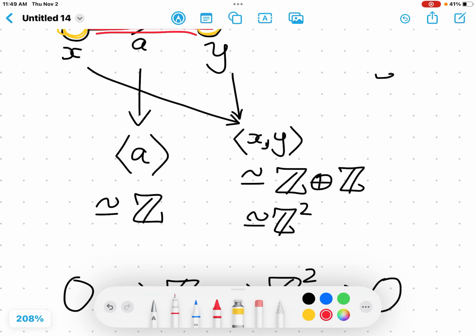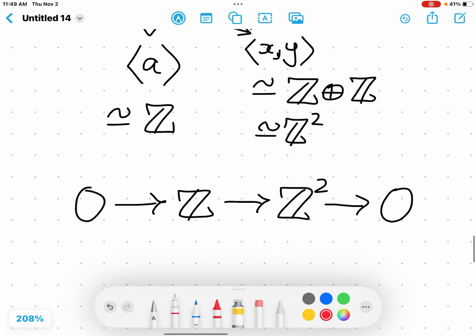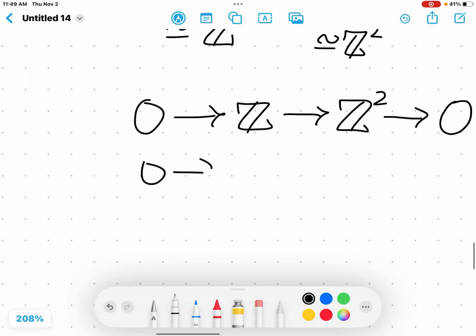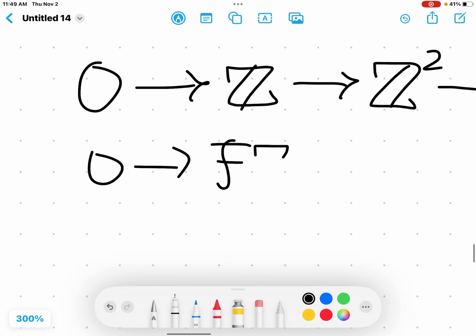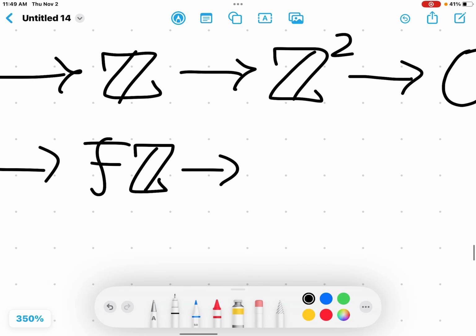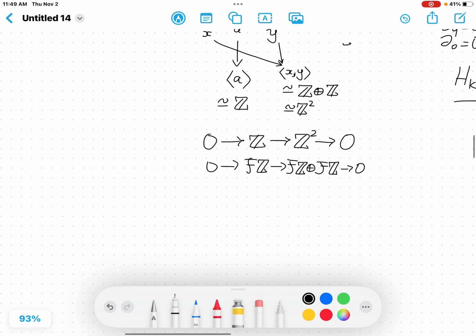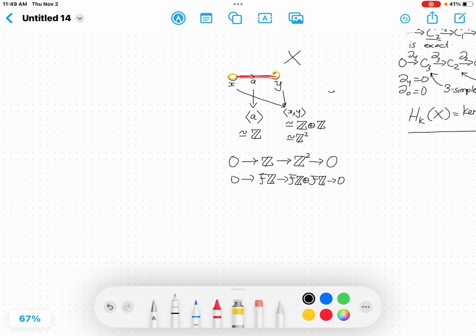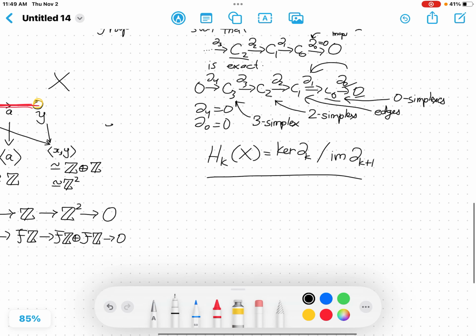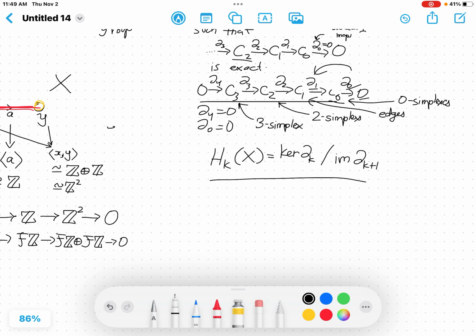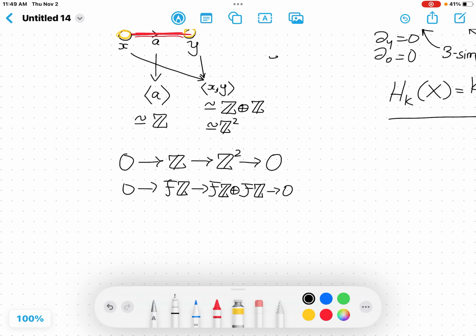So it's A, and then if I femboyize this sequence here, it would be 0, of course, FZ, and then FZ direct sum FZ, then 0. Alright, so each of these would be femboy structures, so you have to femboyize it first.